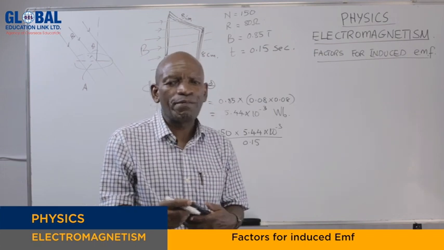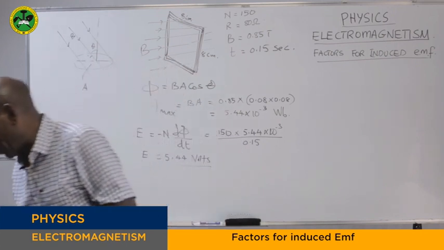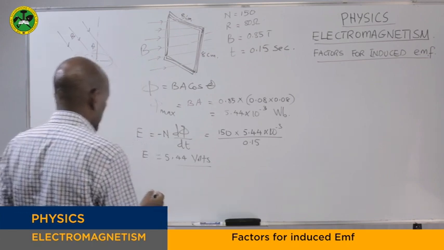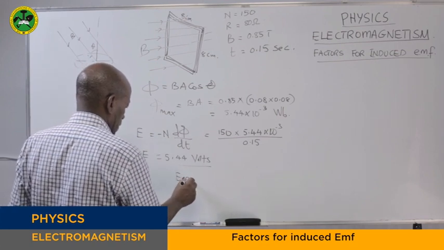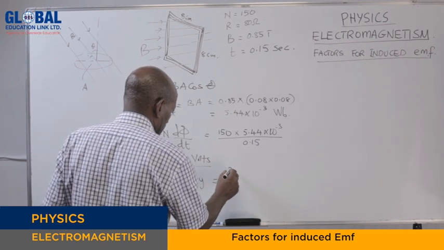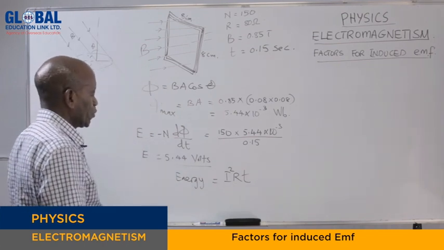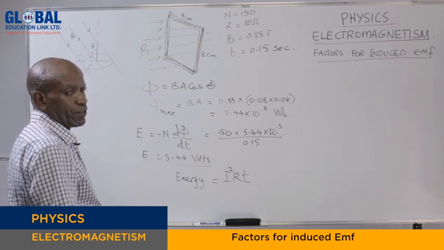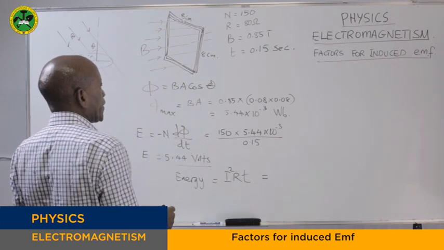Now, we are being asked to determine the actual energy which is going to be dissipated. The actual energy dissipated is equal to I squared times R times T. And if we compute this, we need to substitute the current.